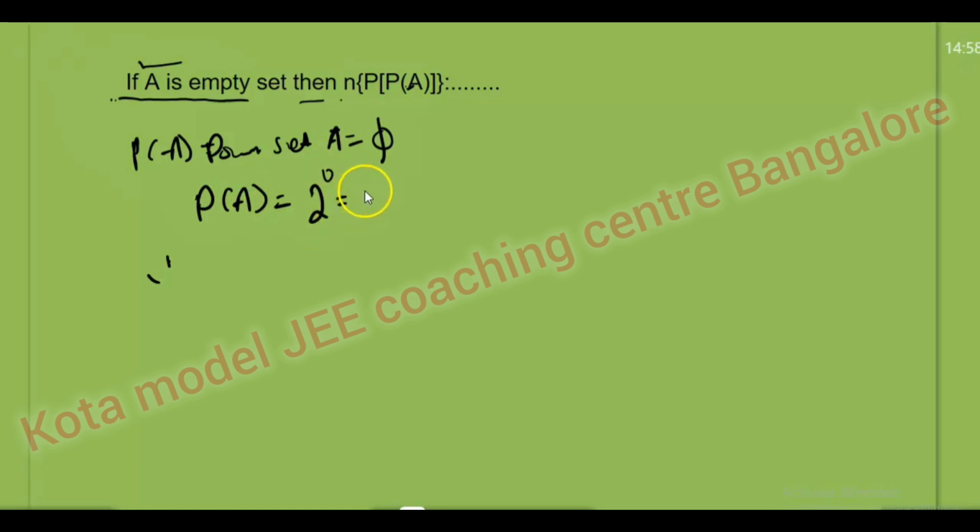That means the power set of A has only one element. Then P of P of A contains 2 to the power 1, which is 2 elements. So the answer for this question is 2.